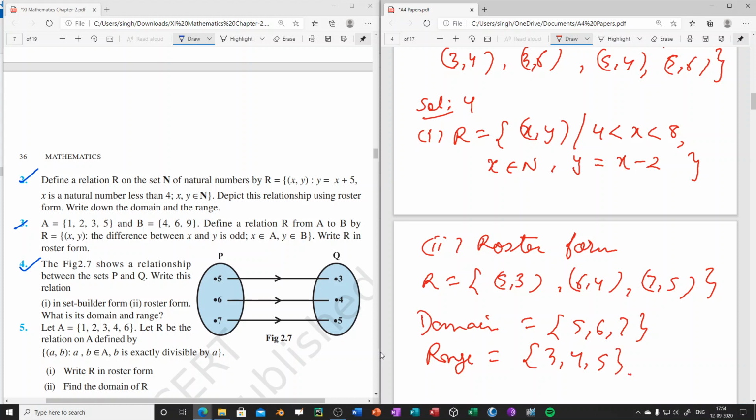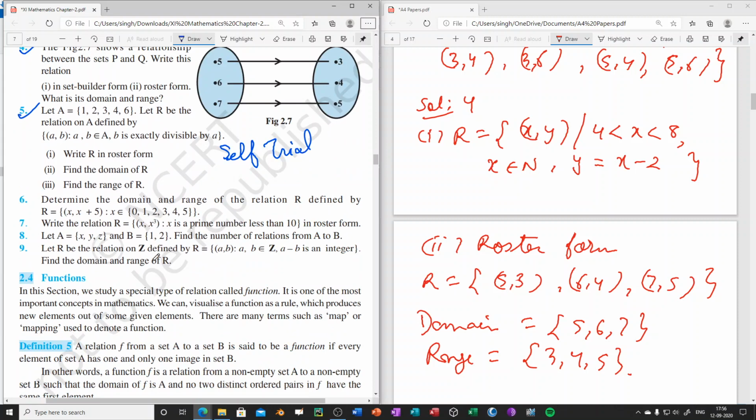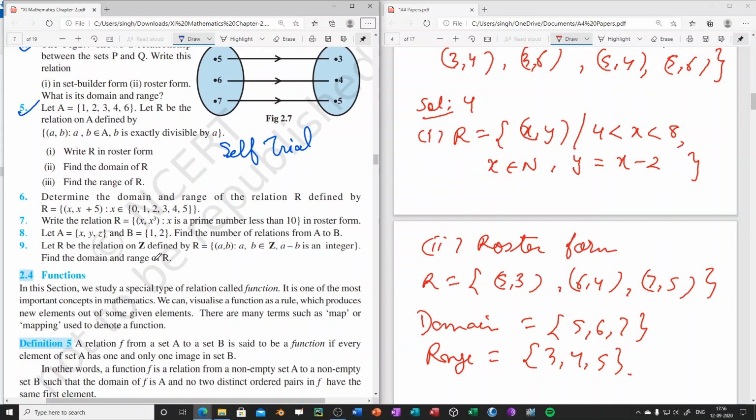Now this question number 5 you will do on your own. That will be self trial. Also the next ones will be question number 6 and 7, which ask to determine the domain and range. You already know how to find the domain and range.